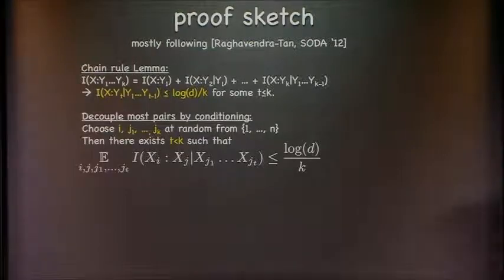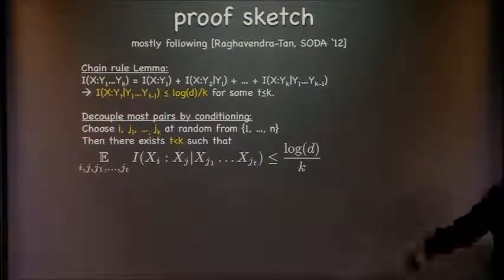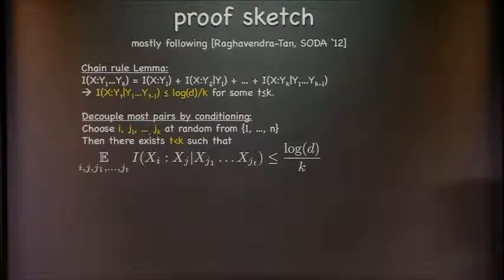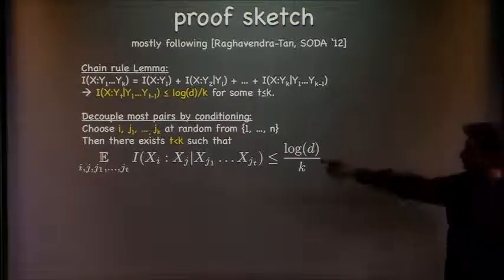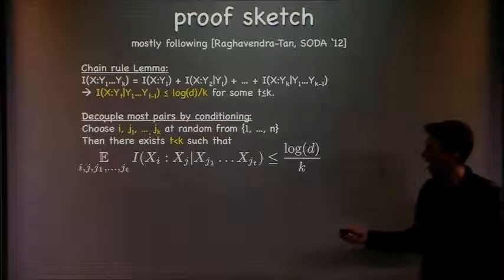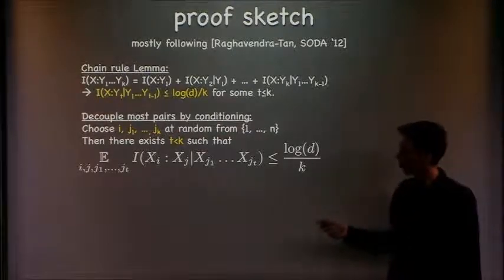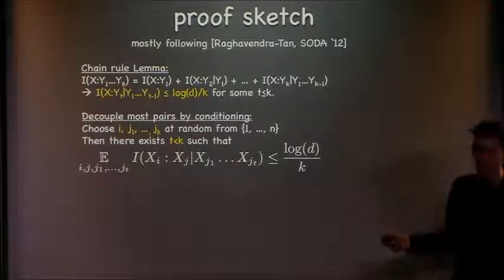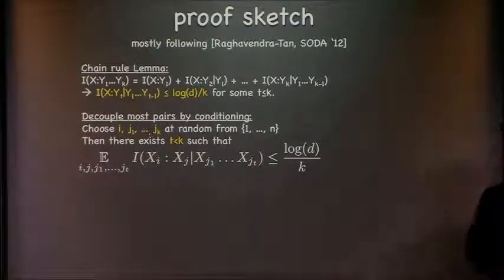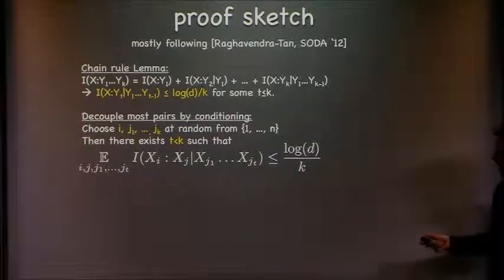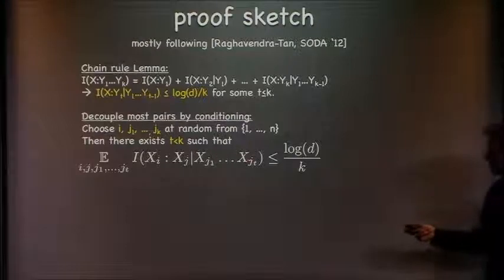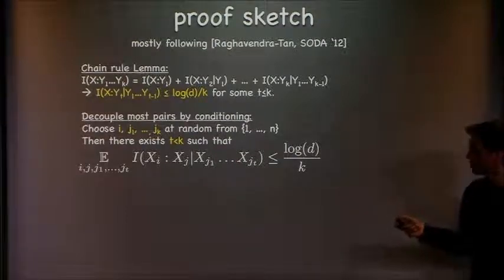And so what this means, if you have a collection of n systems, is that if I choose indices i and j1 through jk at random, then for some choice of t, I will have conditional near independence. So Xi and Xj will be nearly independent once I condition on j1 through jt.